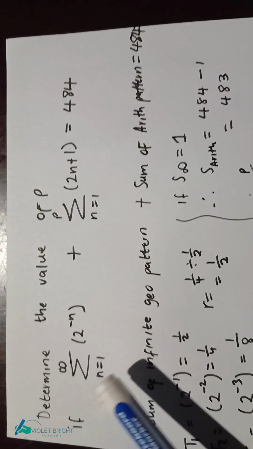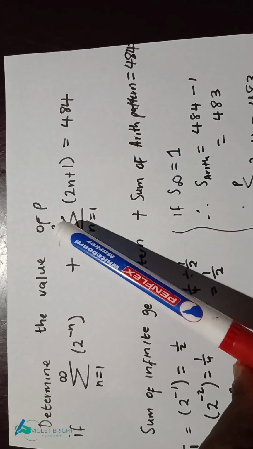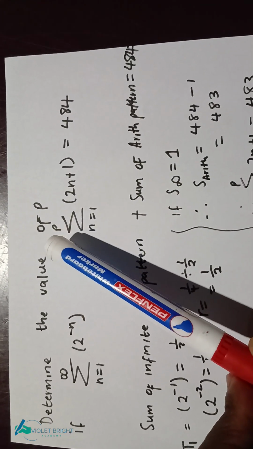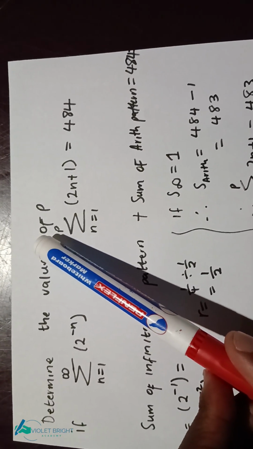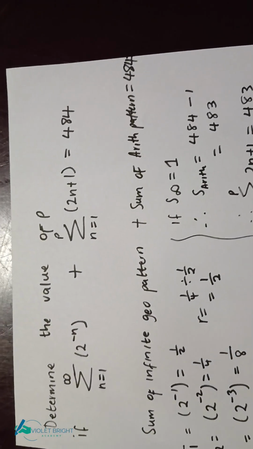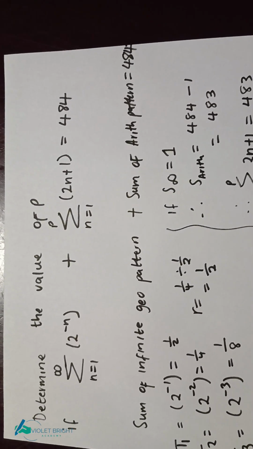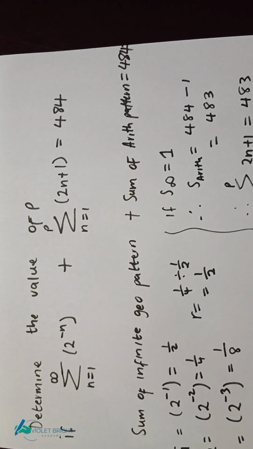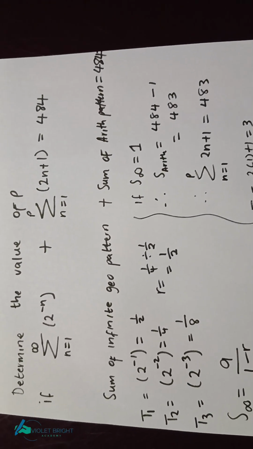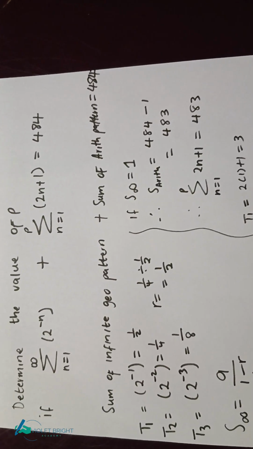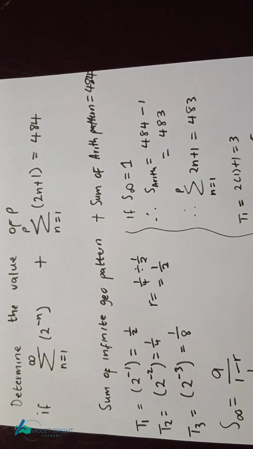Whereas the other one will be hard for us because we do not have the value of P, which is the value of the last number in the sequence, which shows us how many terms there are in the sequence. It will be hard to find the sum of the terms without knowing how many terms there are. So in this exercise, we will be solving for P to find how many numbers are there in the sequence.